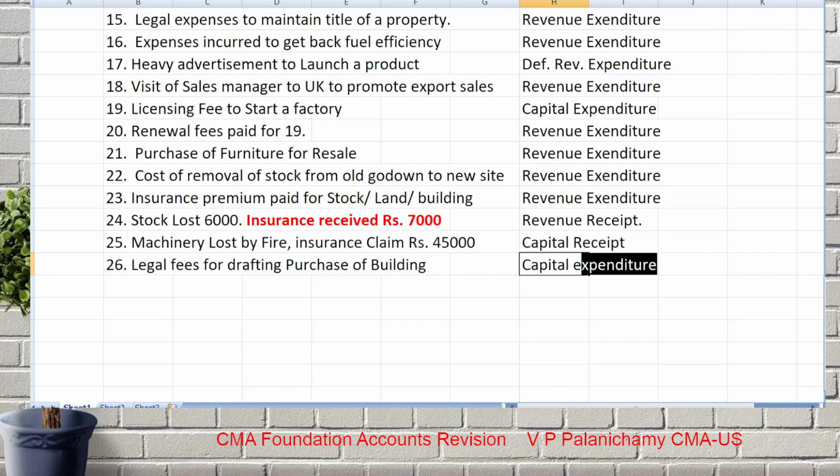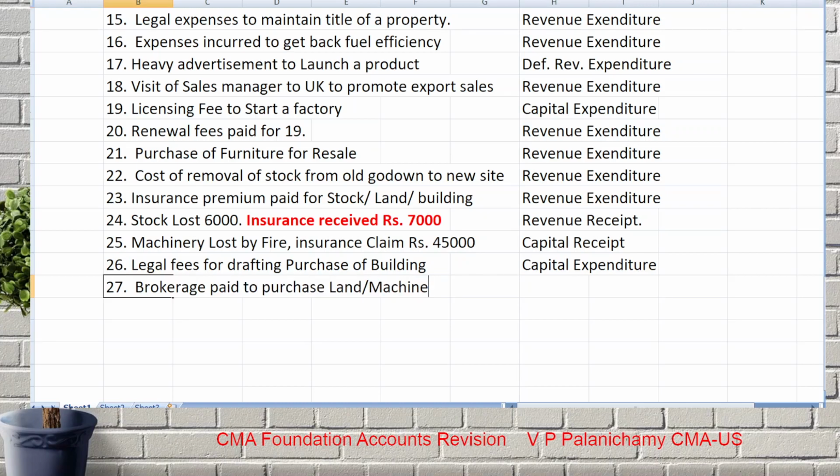Capital expenditure. We are paying brokerage to purchase land or machine. It is part of the cost of the asset. Capital expenditure.